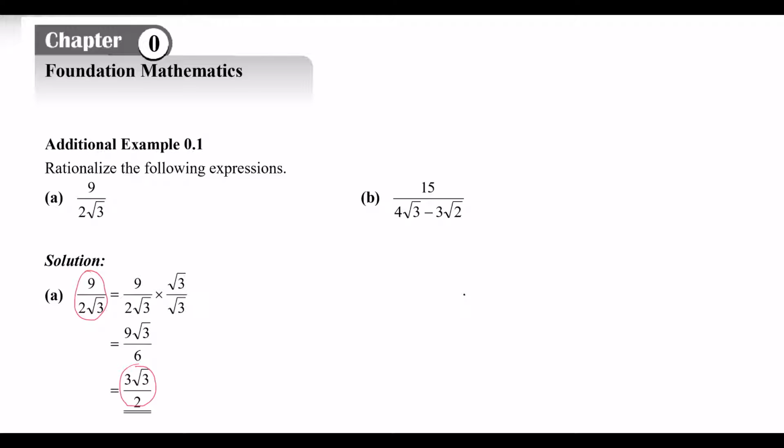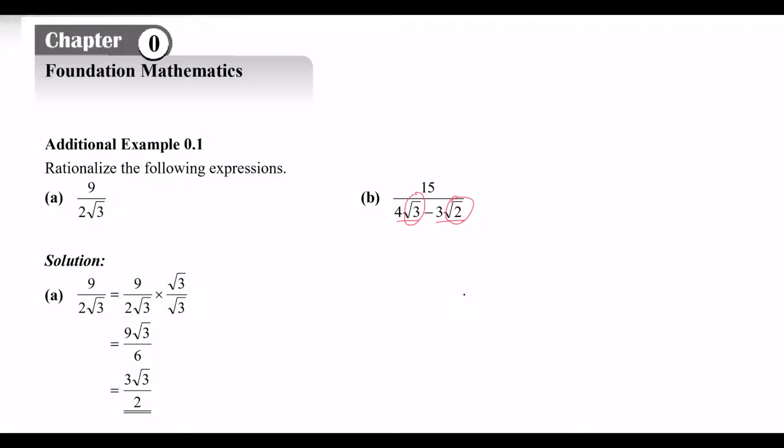Now, in this case, you can see that this time the denominator is a bit more complicated, because instead of having one irrational number, the denominator consists of two terms, 1, 2, and these two terms consist of two different irrational numbers. One is square root 3, and the other one is square root 2.